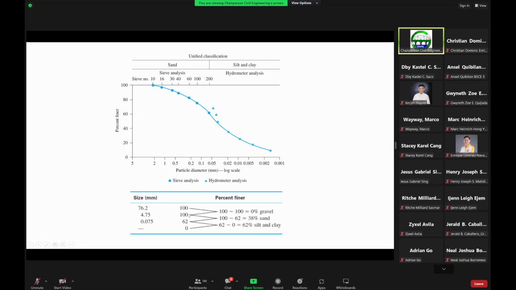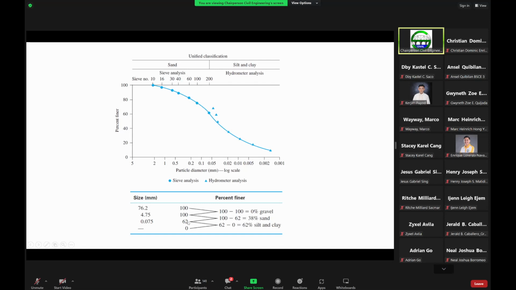So this is correct. And then the 0.075 is maybe somewhere here. Then you project it up, and the value is about 62%.